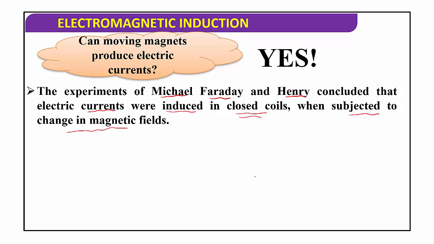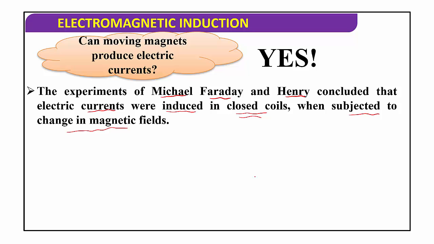They concluded that electric currents were induced in closed coils when subjected to a changing magnetic field. That means when a closed coil is kept very close to a changing magnetic field, we can easily produce electric current.